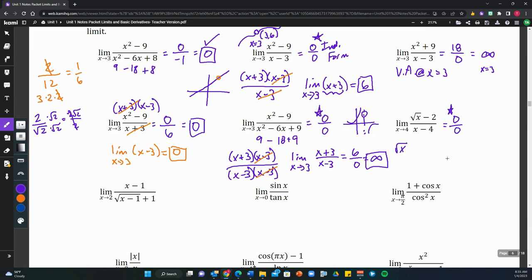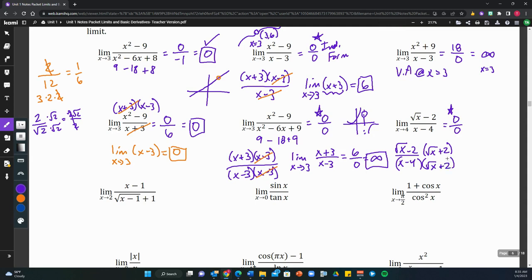To do that, we will take the original expression, and we are going to multiply top and bottom by a binomial. That binomial is the conjugate pair of the numerator. Remember, the conjugate pair is like the other half of a difference of squares. So it has the exact same terms as the numerator, square root of x and 2, but instead of a minus in between, it will be plus.